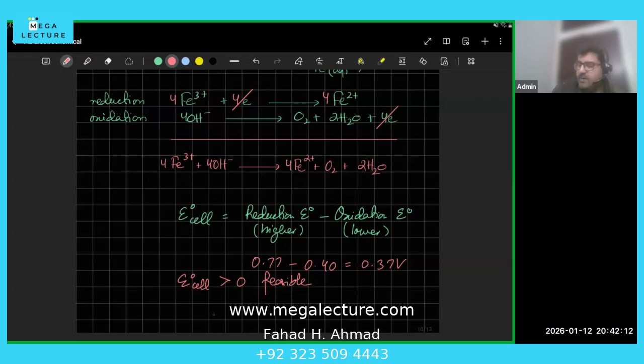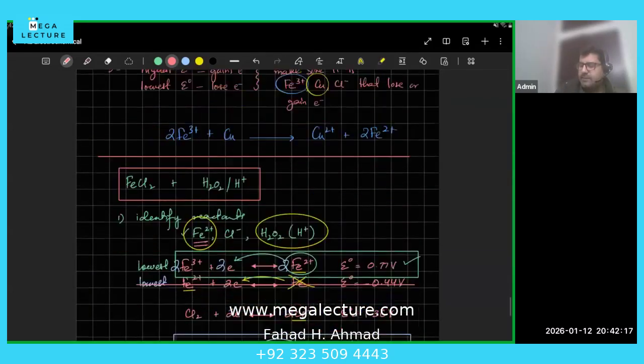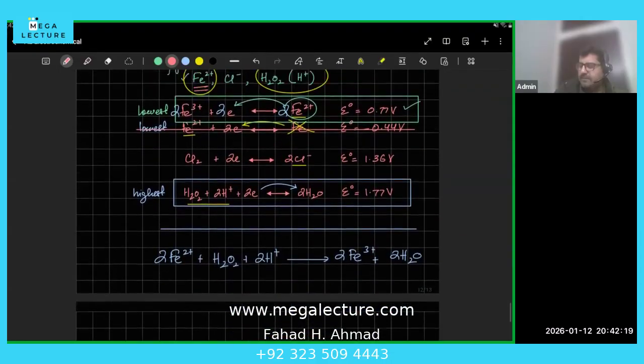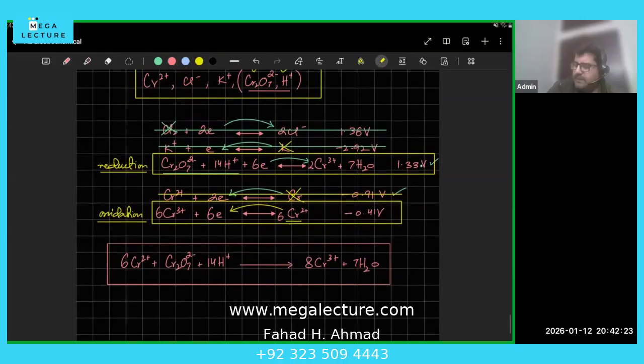So you want a very high E naught cell, that will kind of indicate ये किसी भी दो electrodes के बीच में. Like even in the one that we just did, there is a potential difference, 1.33 volts and this is minus 0.41 volts. So if you calculate the E naught cell, that would be higher potential, which is the reduction, 1.33 minus the lower one, so minus 0.41.